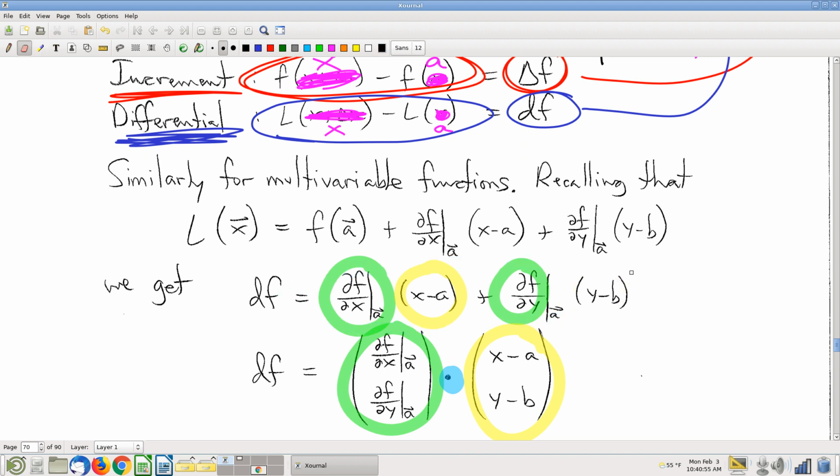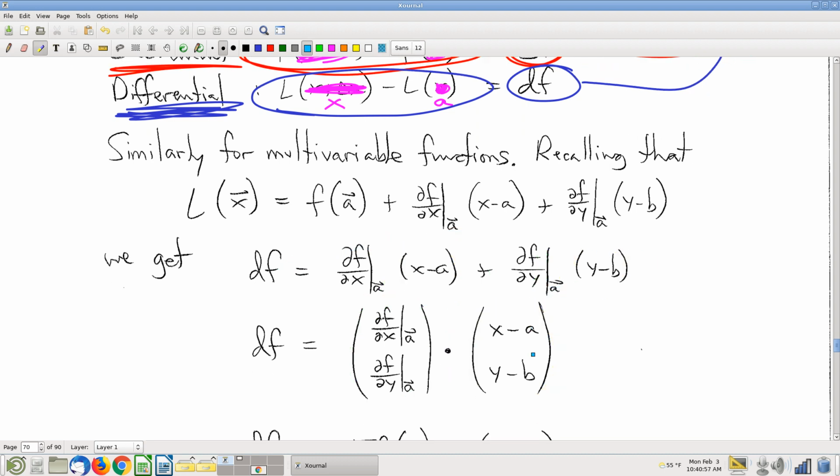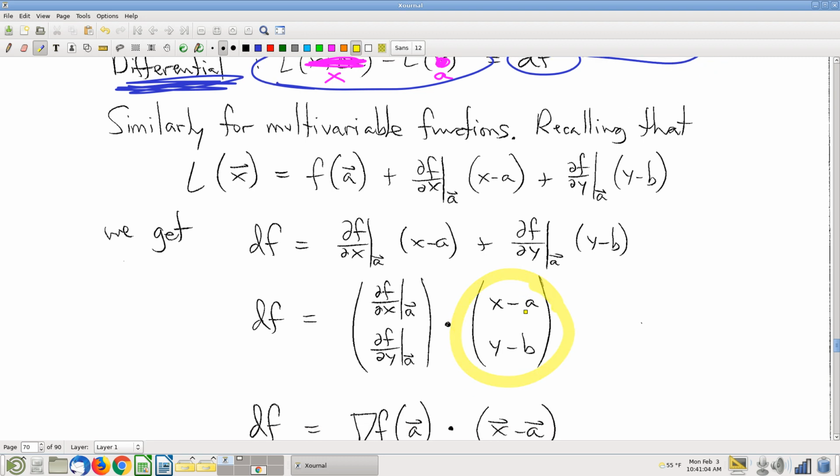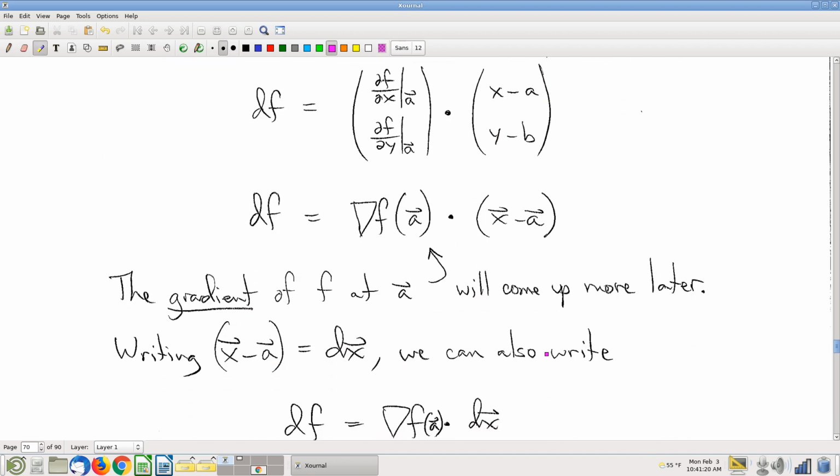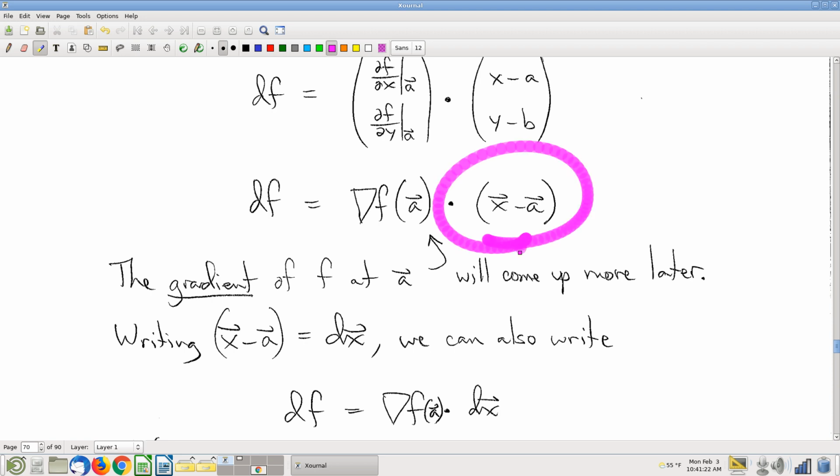Now, the next observation I want to make real quick is that this thing that I wrote down is actually pretty natural in the domain. That is x minus a. That's the x vector. You can see it right here. The x vector is those coordinates, and the a vector is those coordinates. This is literally the vector x minus a, which you might pretty naturally rewrite as dx.